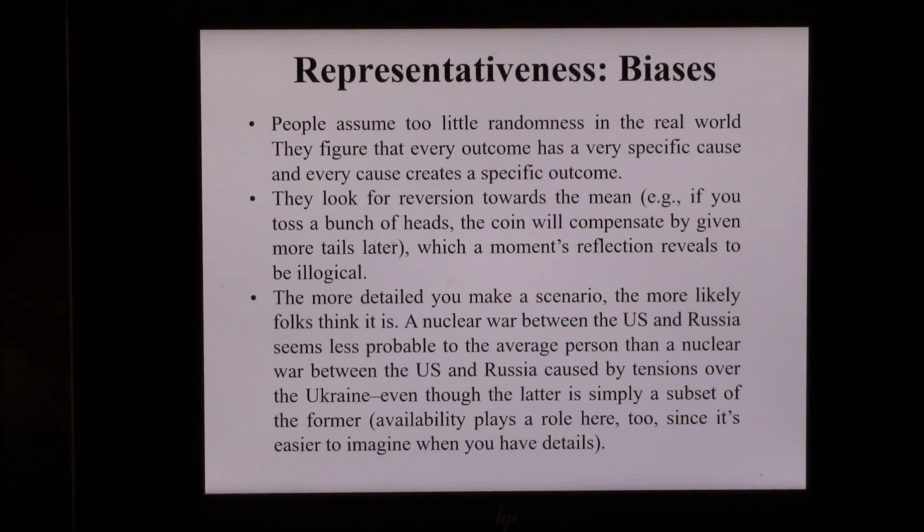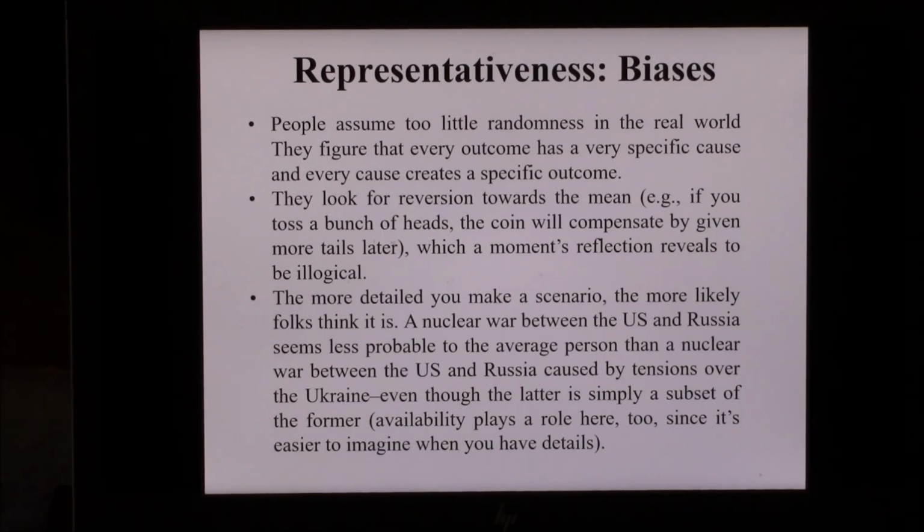The more detailed you make a scenario, the more likely people think it is. This is fascinating. A nuclear war between the U.S. and Russia seems less probable to the average person than a nuclear war between the U.S. and Russia caused by tensions over the Ukraine, even though the latter is simply a subset of the former. I mean, a nuclear war caused by tensions over the Ukraine is one of the many reasons for a nuclear war between the U.S. and Russia.